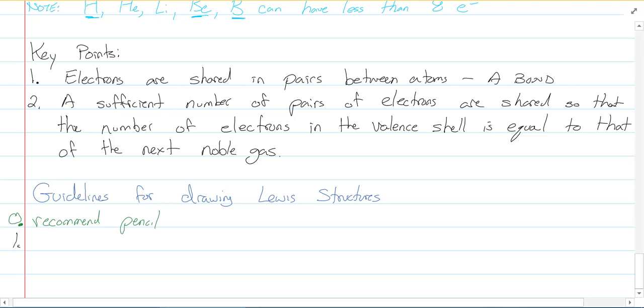Step 1 is to calculate the total number of valence electrons. Not total electrons, only valence electrons for the molecule.